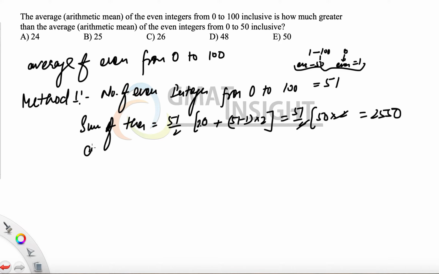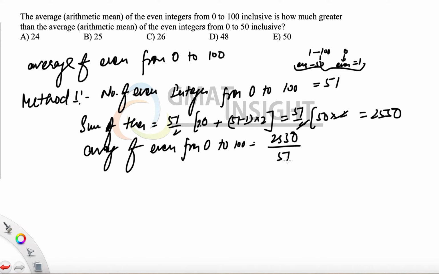Now the average of even numbers from 0 to 100 becomes 2550 divided by the 51 terms. That becomes equal to 50, right? This is method 1.